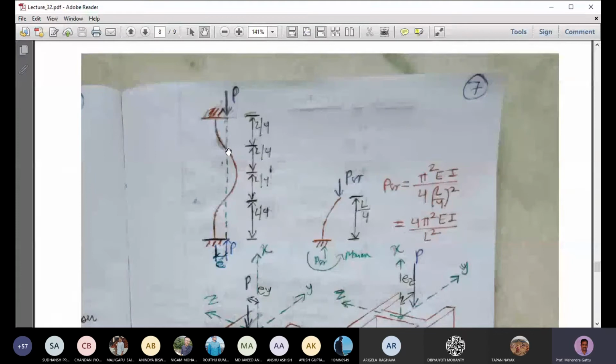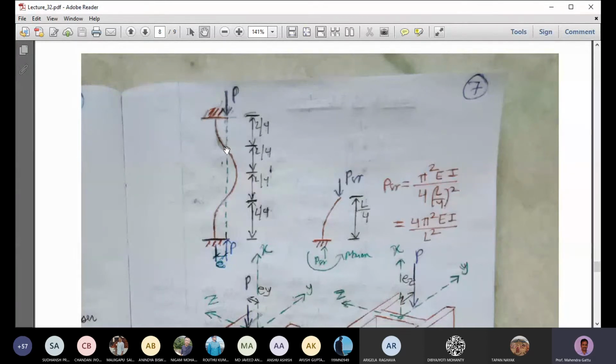So there are some points, you can see this point, which is the point of inflection. There will be a change in the curvature, so d square y by dx square will go from positive to negative, and here again there is a point of inflection, so d square y by dx square will go from negative to positive. So you can treat this as sagging, and this can be hogging, and again it will go to sagging.